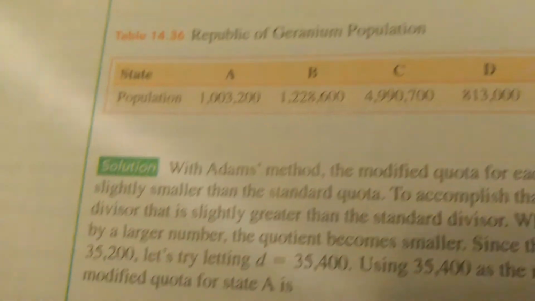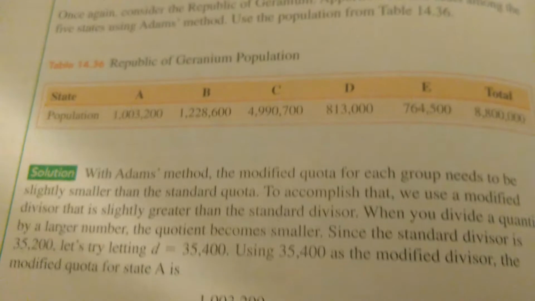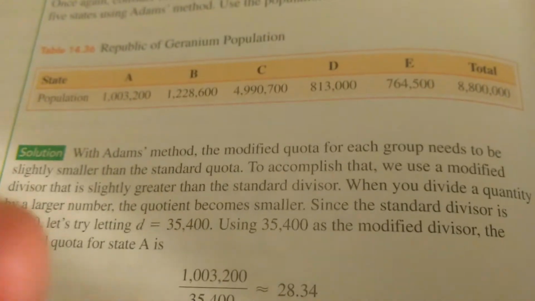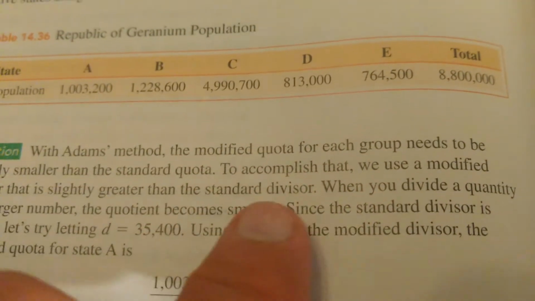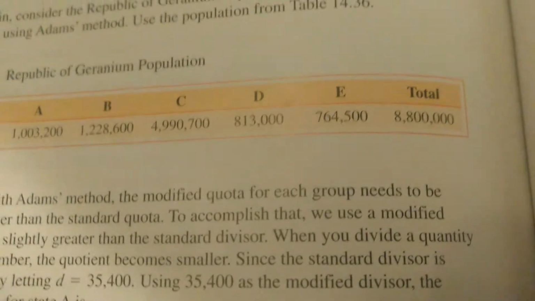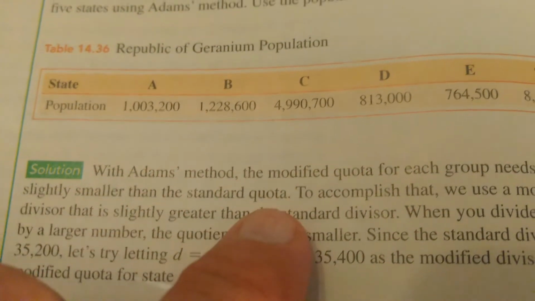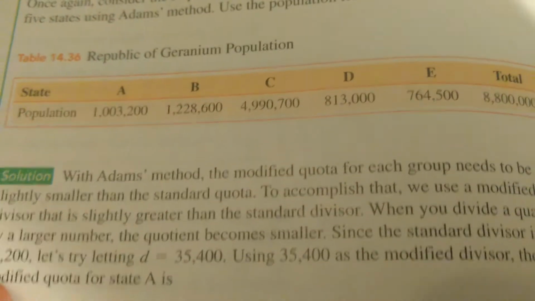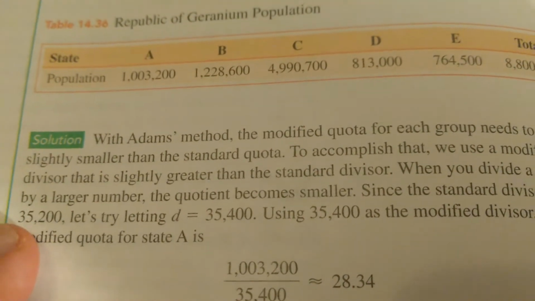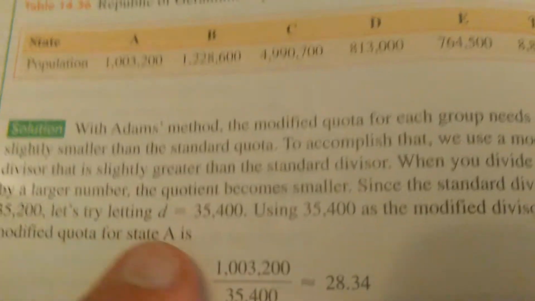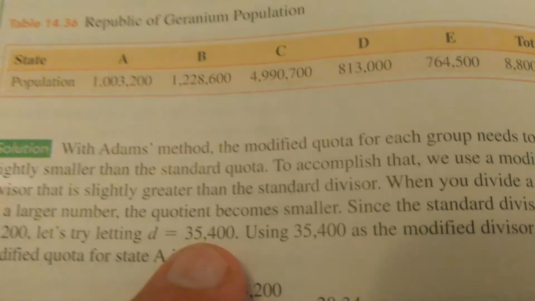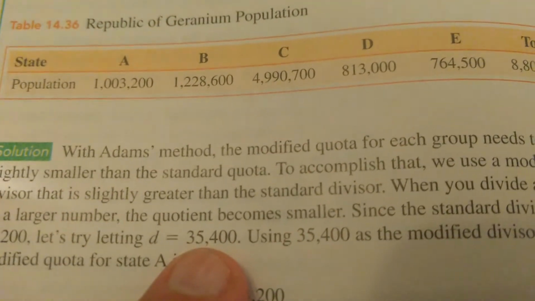So again, let's go back to our germanium problem. And so with Adams' method, the modified quota for each group needs to be slightly smaller than the standard quota. So what we're going to do is take that 35,200, which was our standard divisor, and go up. In this case, they go up to 35,400.